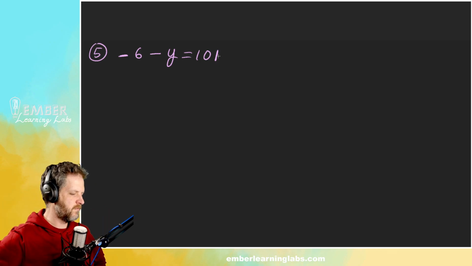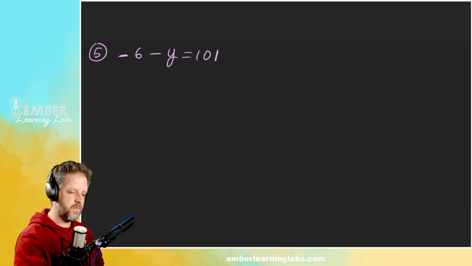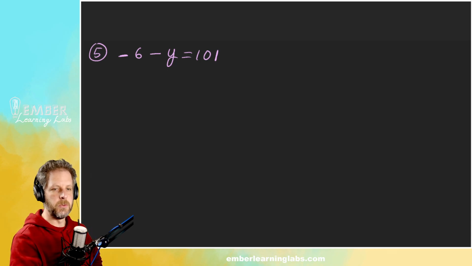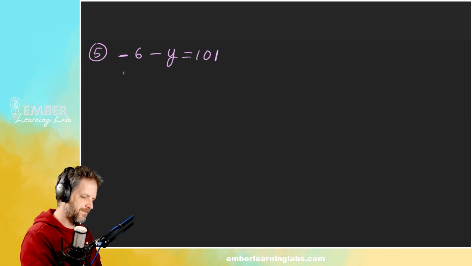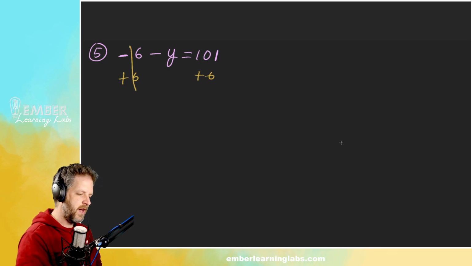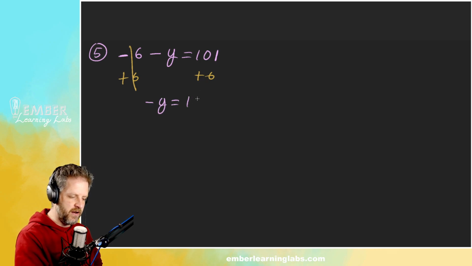The 6. Yep. How are we going to get rid of it? Add it. Yeah, that's right. Good job. Way to go. Virtual high five. Clap. That goes away, leaving us with negative y equals 101 plus 6, 107, right?